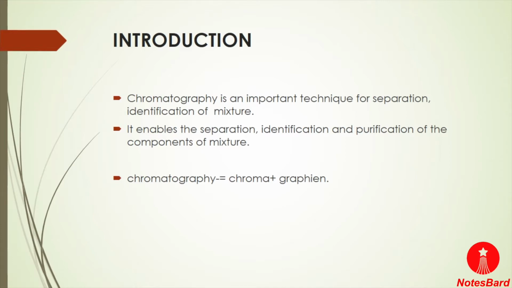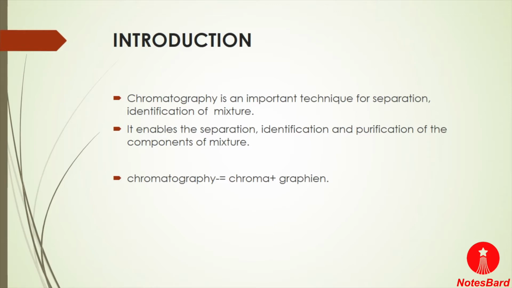Based on the different methods, chromatography is of many types, like paper chromatography, column chromatography, thin layer chromatography, and many other methods. Now, the word chromatography is made up of two words, chroma and graphein. Both are Greek words. Chroma means color and graphein means to write.